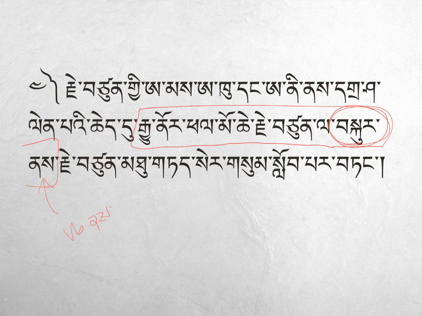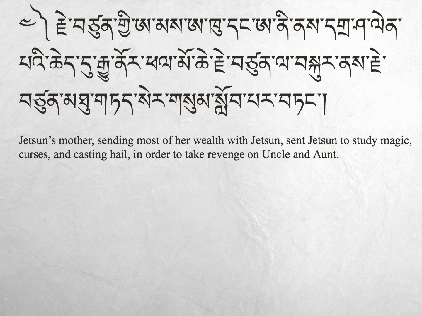So having sent, and then we know some vocabulary here, most of the wealth, most of her wealth, is this section, with Jetson. Here it's la. You might first think of that as to Jetson, but in English we would say having sent most of her wealth with Jetson, and then the sentence continues as before.